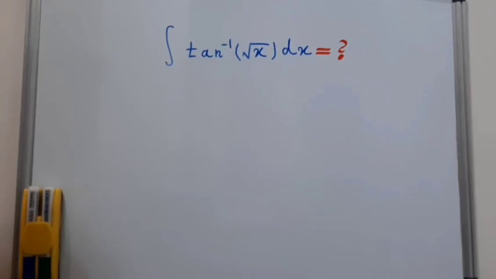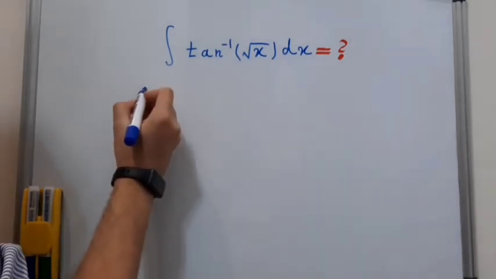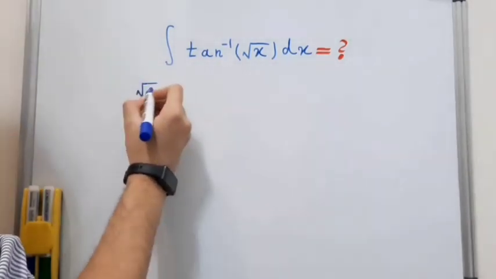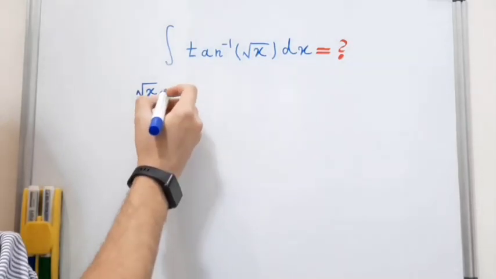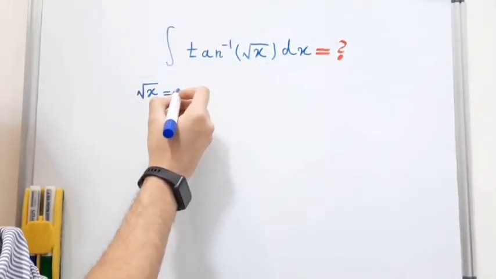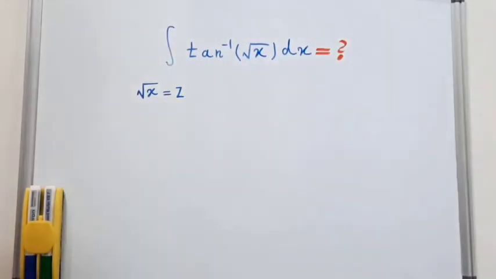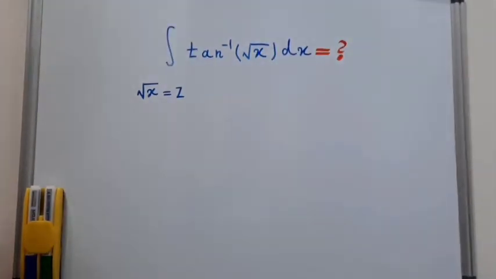To solve this question, at first I name root 2x, for example, z. Let's name it z.